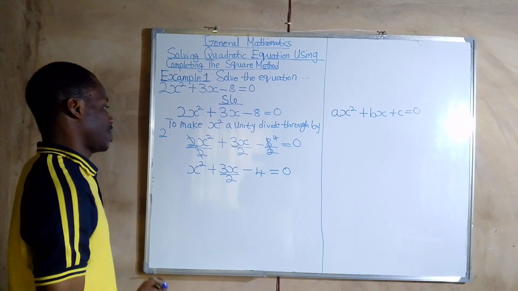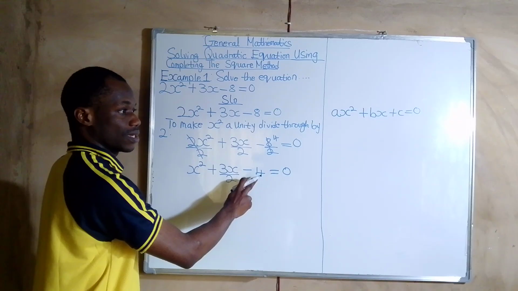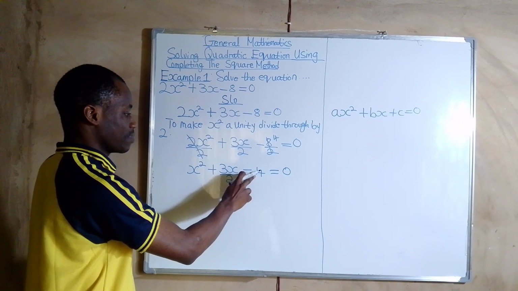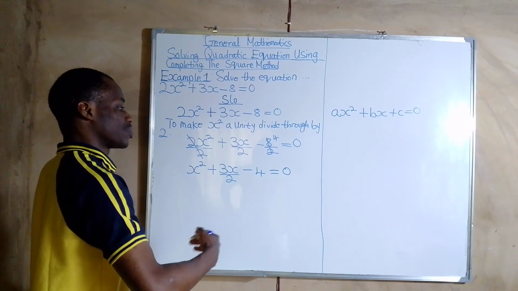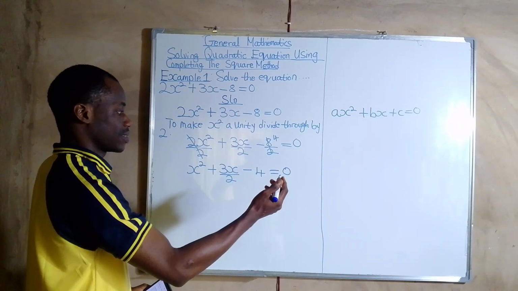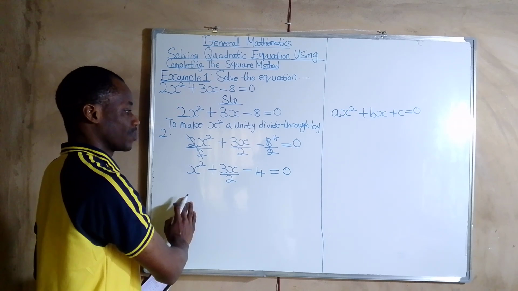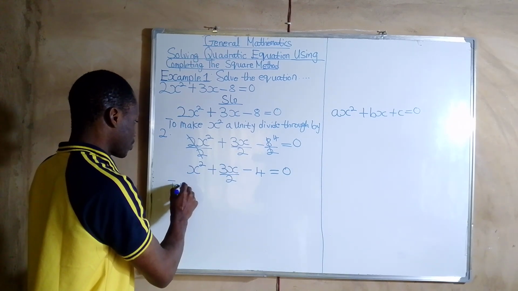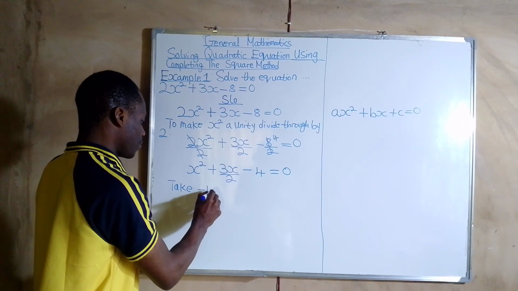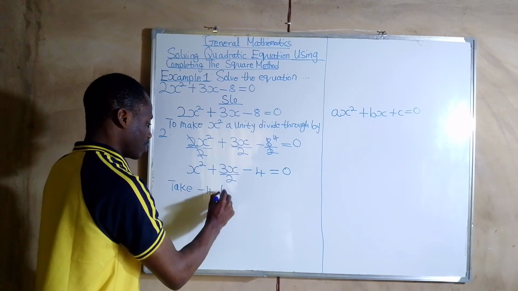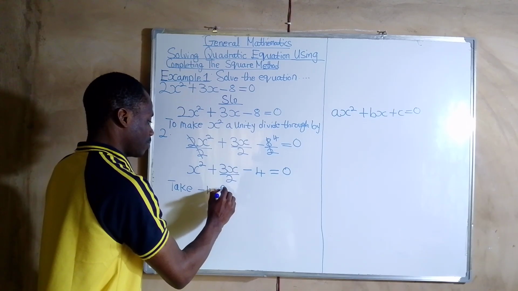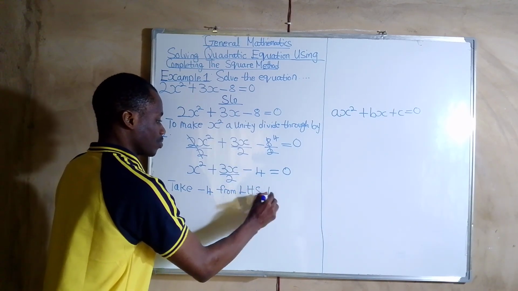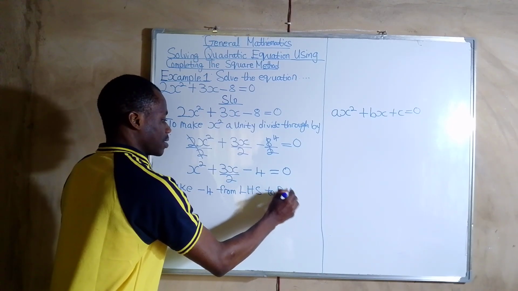Now, you can see this constant here, this minus 4. This minus 4 here, we are going to take it to the right hand side, because this is the left hand side of the equation. So we'll say take minus 4 from left hand side, LHS, to right hand side.